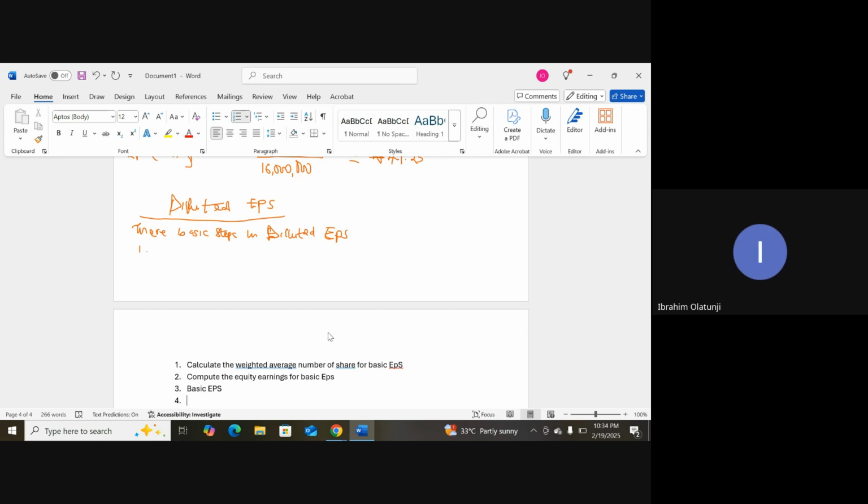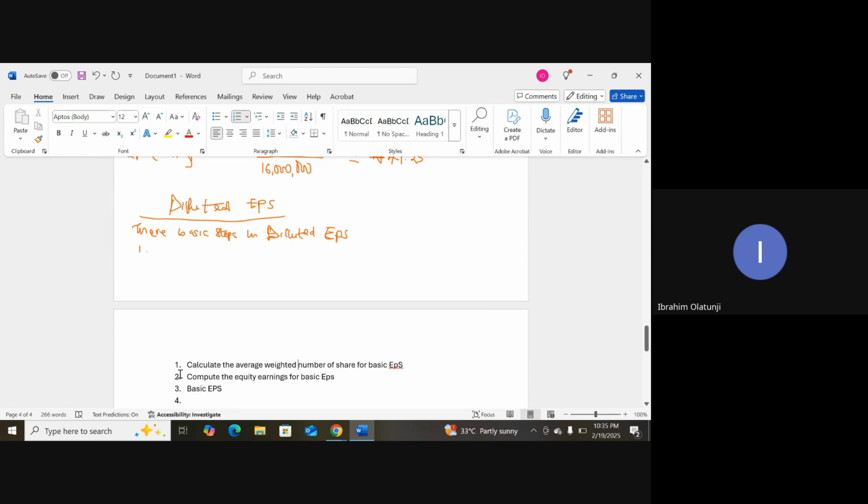If I want to calculate basic EPS, what is the first thing that I normally do? Not the formula, I'm asking what to calculate first: the weighted average.